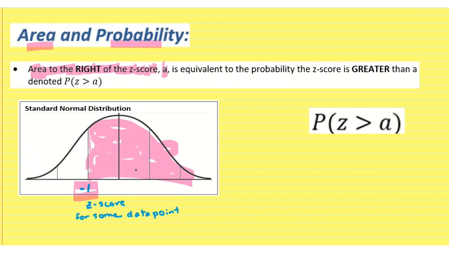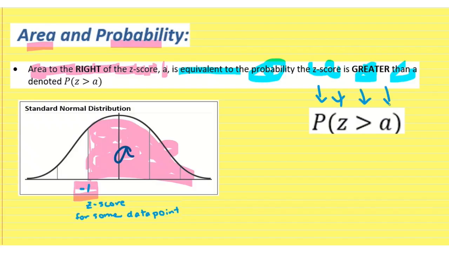So all that area they're calling A. Okay. And they say that that area is equivalent to the probability the z-score is greater than A. So we write that as the probability that z is greater than A. And they're saying that it is equivalent to the area.